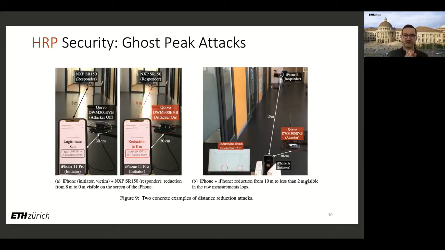There were random bits being sent by the victims, and there was an injection by the adversary that was done without a priori knowledge of those random bits, that caused these devices to measure a shorter distance than the one at which they truly are. Meaning that now, for example, if this was an iPhone and the car here, the car would unlock.